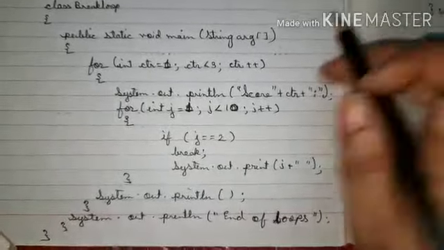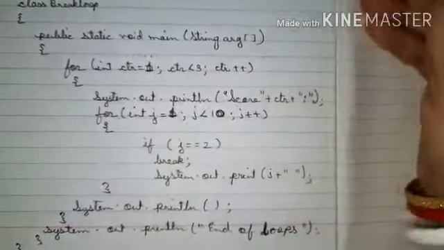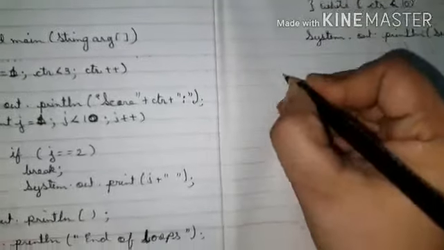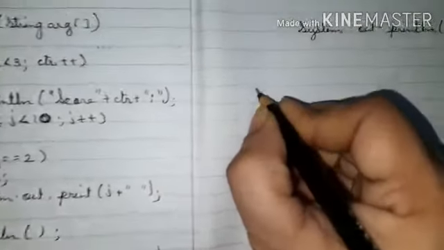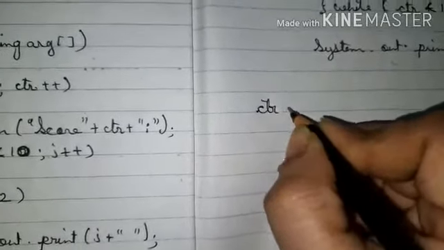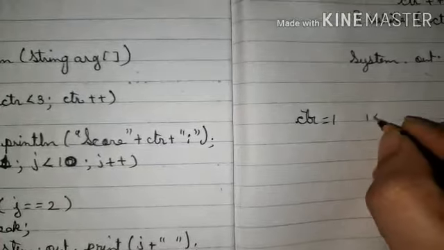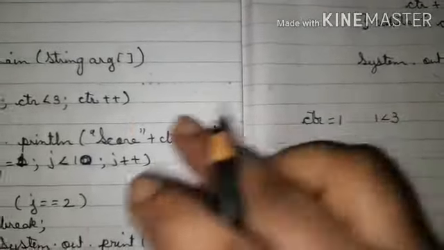So let's see how the output will be. Here it is given CTR is 1, so let's take CTR equal to 1. So 1 is less than 3, the condition is true.